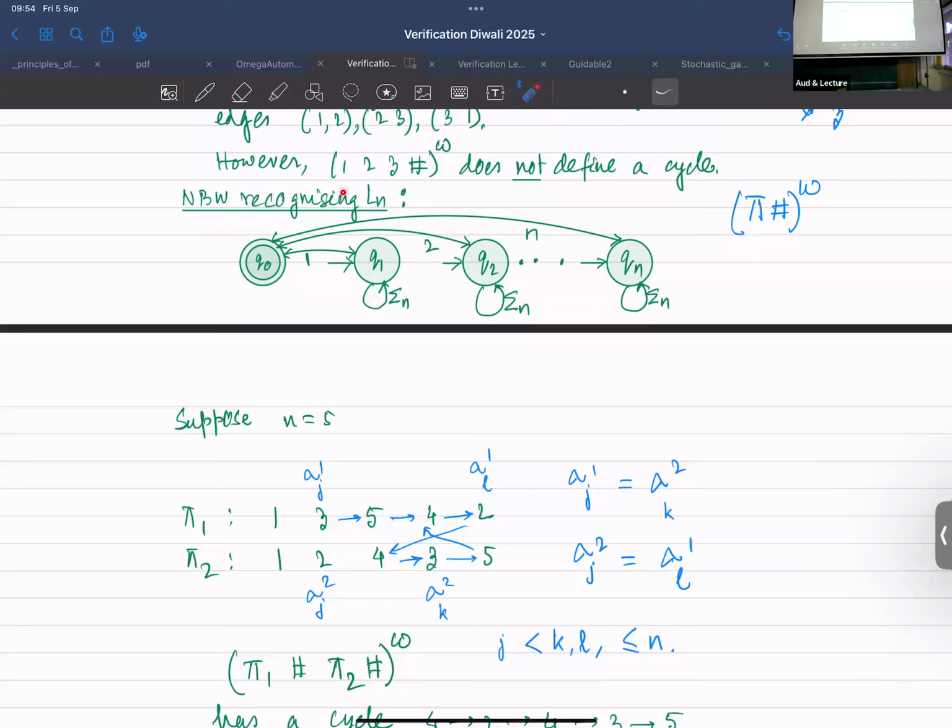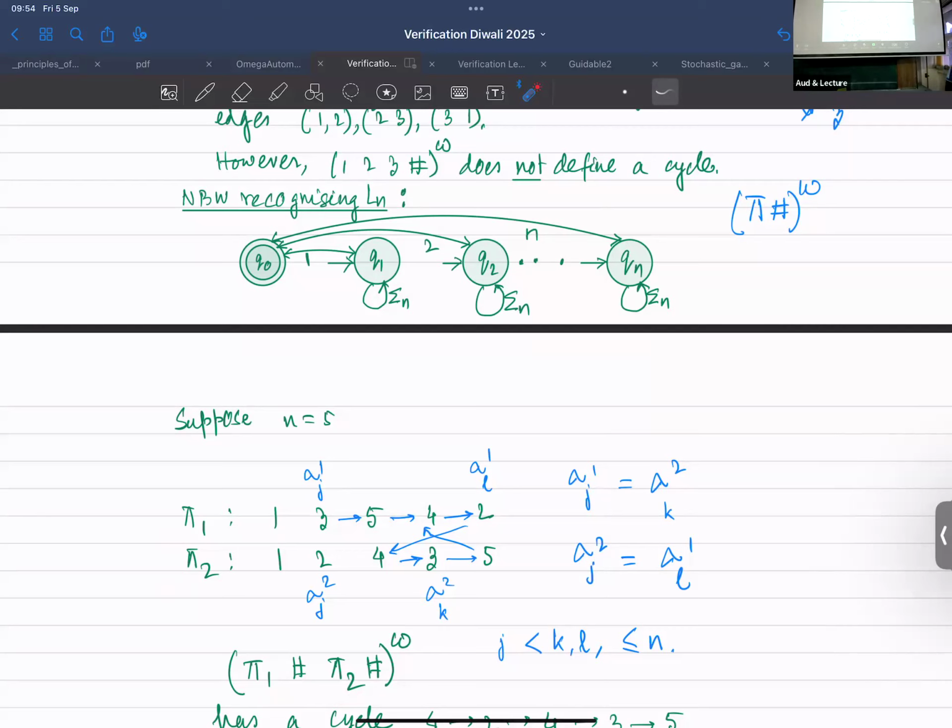Just like 1, 2, 3 sharp omega is not accepted, because you come to Q0 and do not get a sharp symbol. Any permutation pi, pi sharp omega will not be accepted. Now instead, consider pi 1 sharp, pi 2 sharp omega, where my n is 5 and pi 1 and pi 2 look like this.